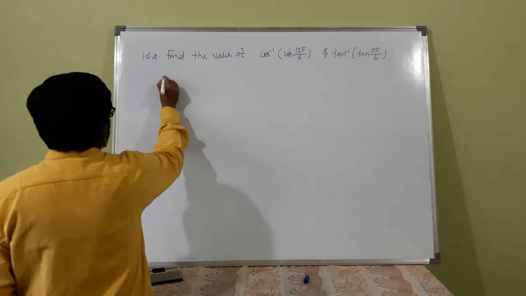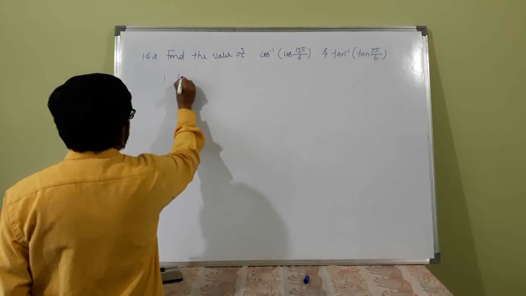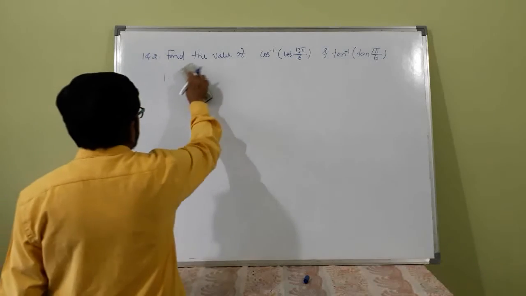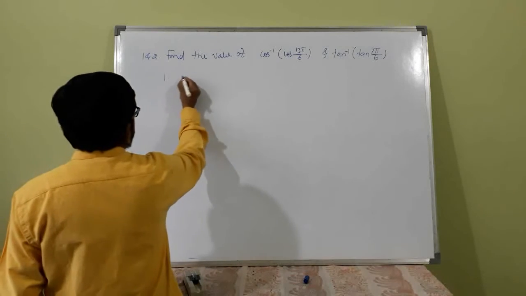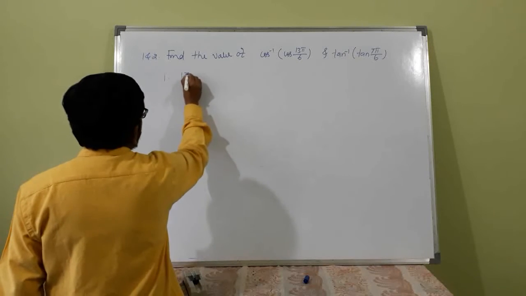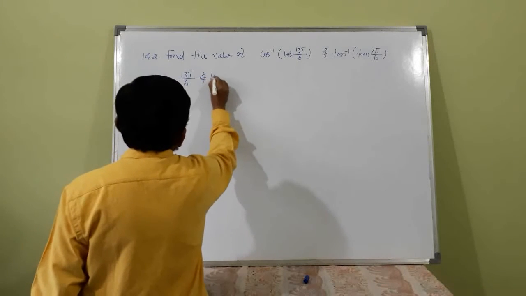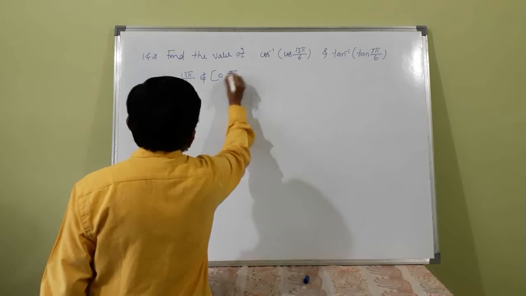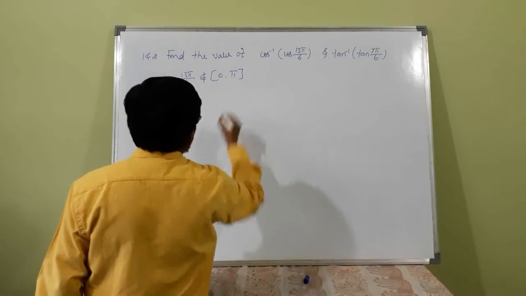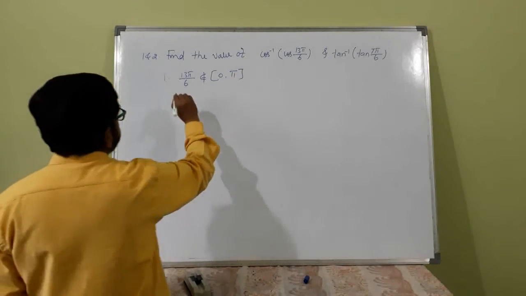First one, cos inverse of cos 13π by 6. This 13π by 6 does not belong to 0 to π. This is the principal value boundary for cos inverse.